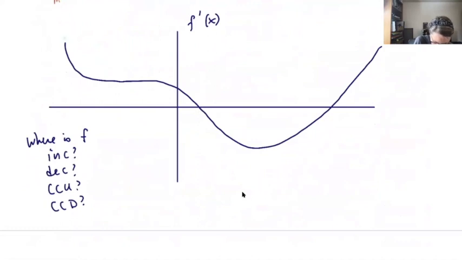When the derivative is positive, the original function f will be increasing. When the derivative is negative, when f prime is negative, the original function will be decreasing.